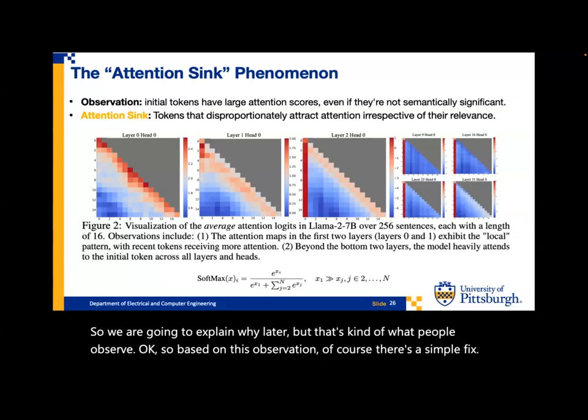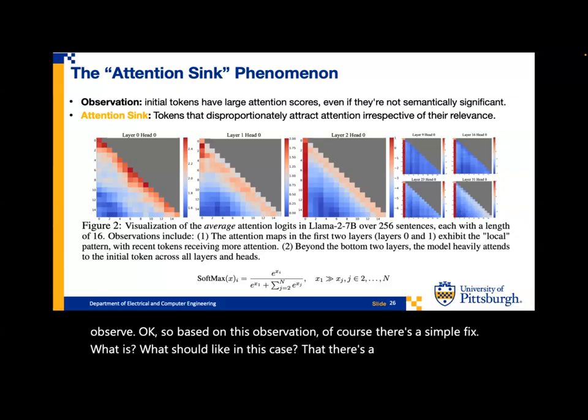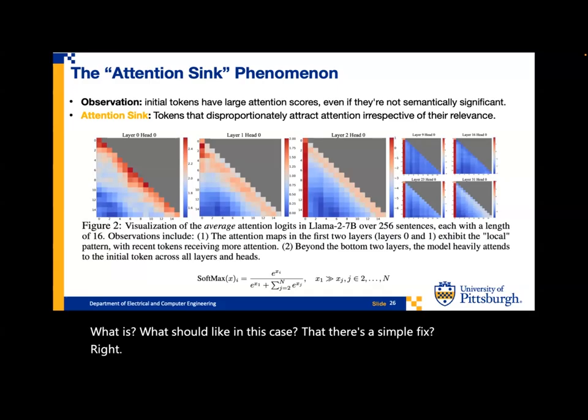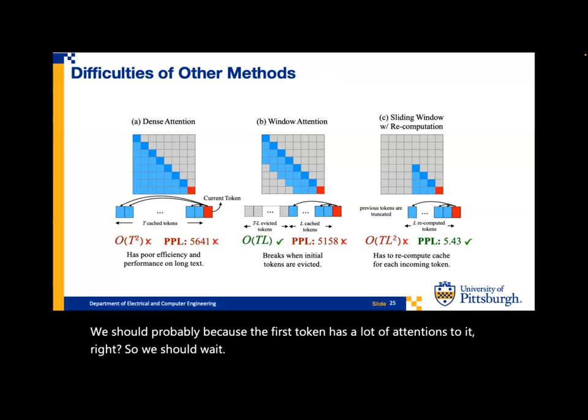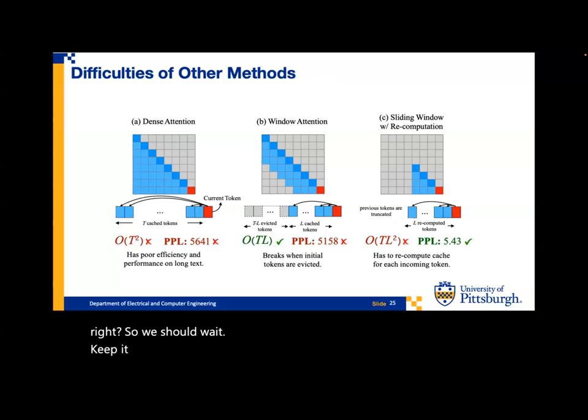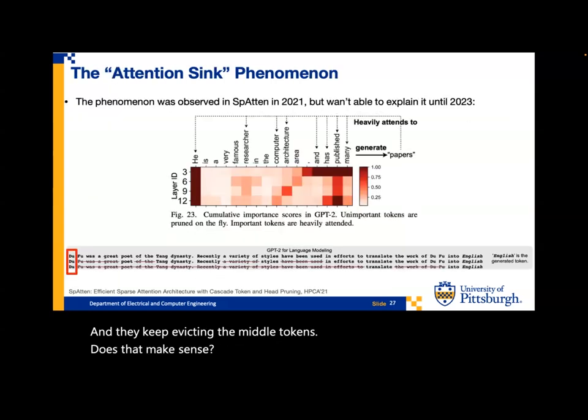What do you think? Because the first token has a lot of attention, we should keep the first token and keep evicting the middle tokens.